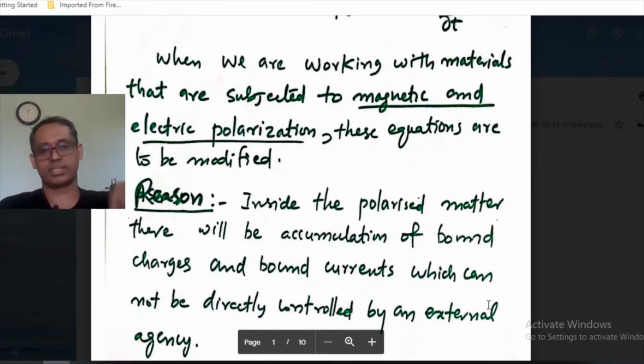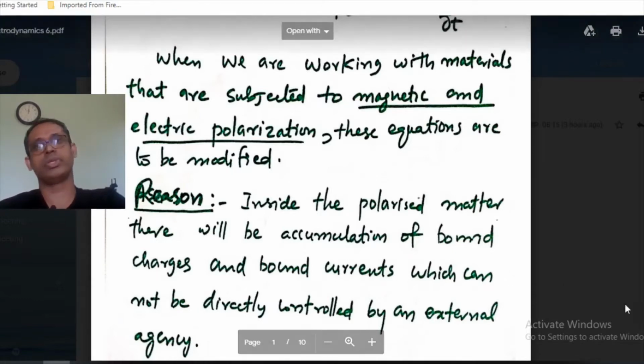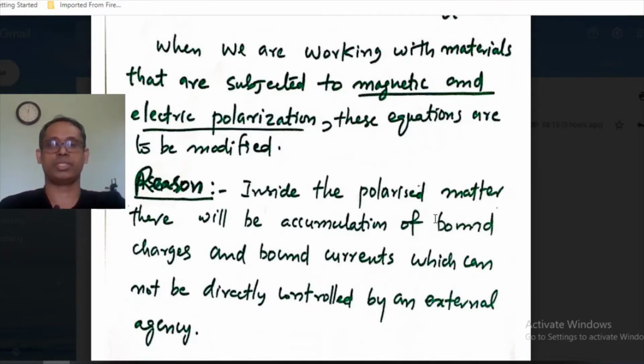And bound currents: magnetization is actually a development of magnetic dipoles within the material, and a magnetic dipole can be assumed to be developed due to the circulation of small currents, and that constitutes a bound current in the material. So in this situation we have to modify Maxwell's equations.